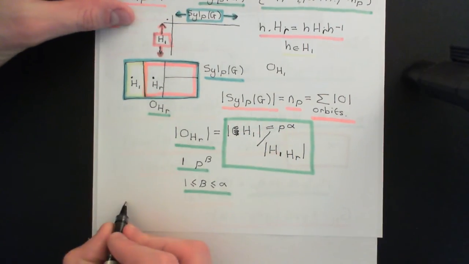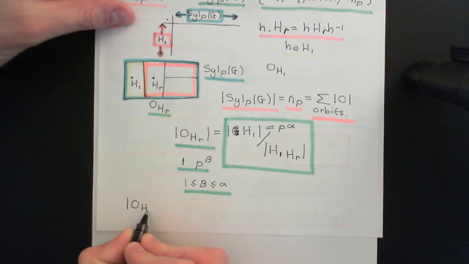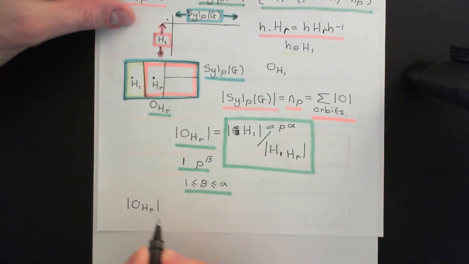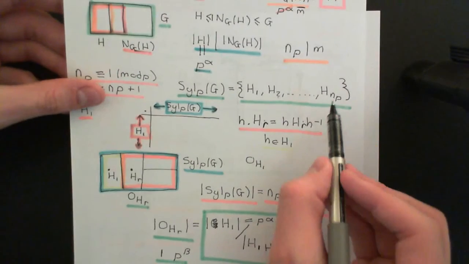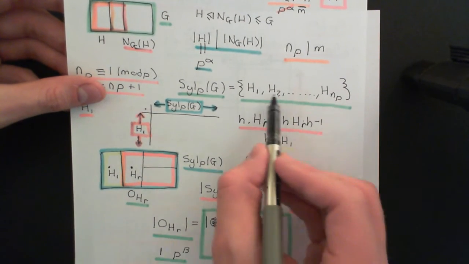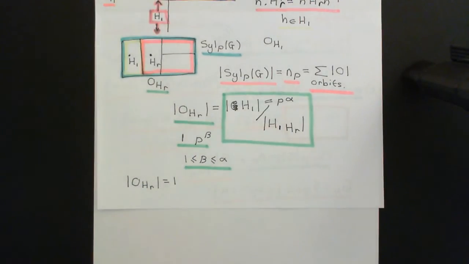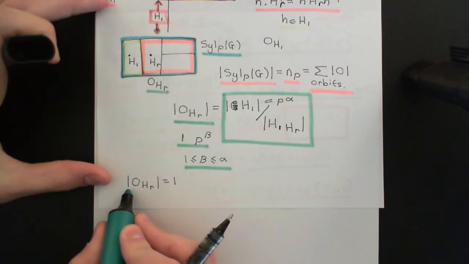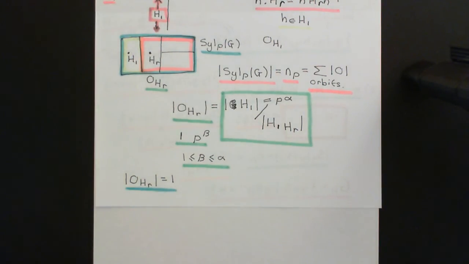So we're now going to assume that the order of the orbit containing the Sylow p subgroup capital HR, where R is some number from 2 to np, so it's some Sylow p subgroup apart from capital H1, is equal to 1. And we're going to arrive at a contradiction that will show us that no other Sylow p subgroup can possibly exist in an orbit of order 1.